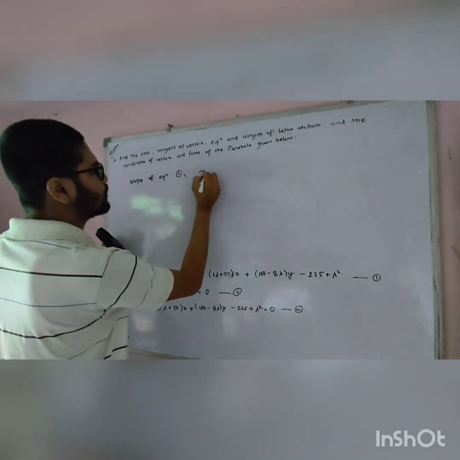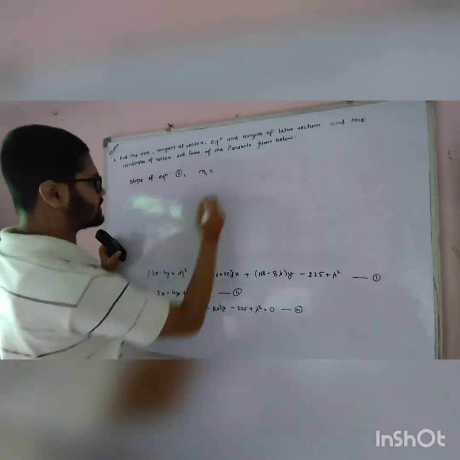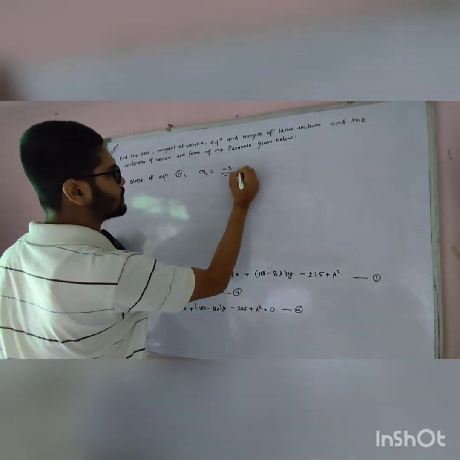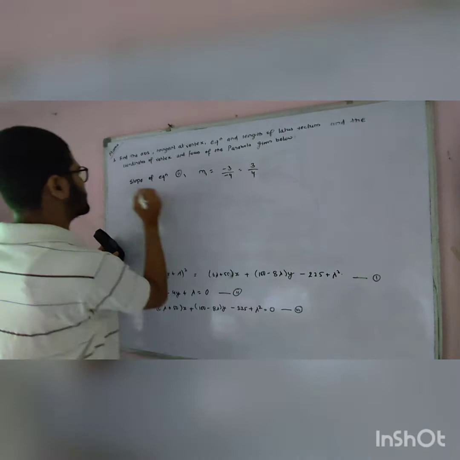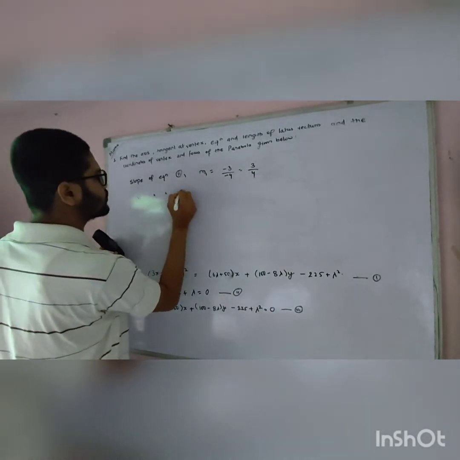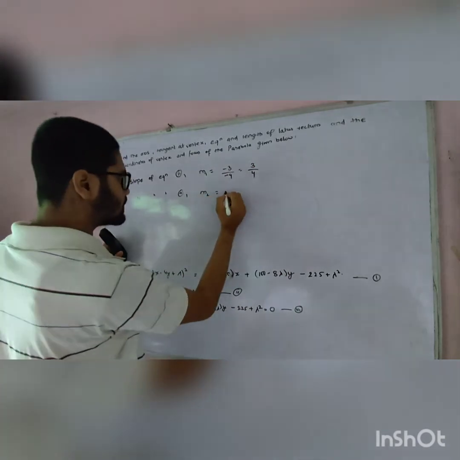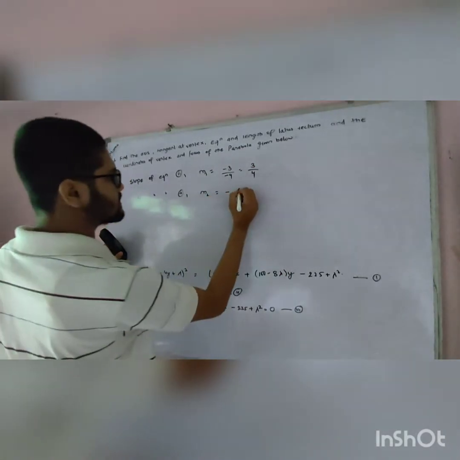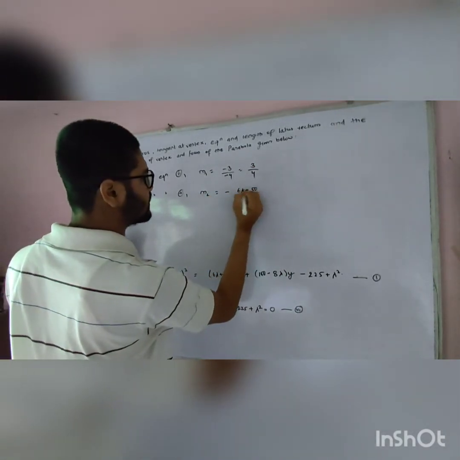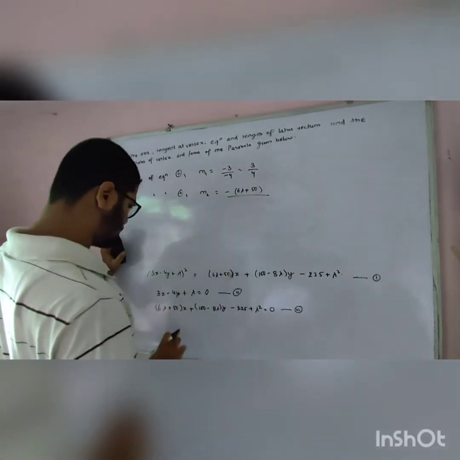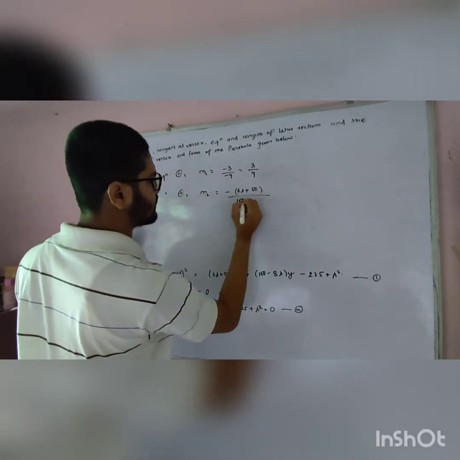So the slope m1 equals -3/-4, which is 3/4. Similarly, the slope of equation 3 is m2 equals -(6 lambda + 50)/(100 - 8 lambda).